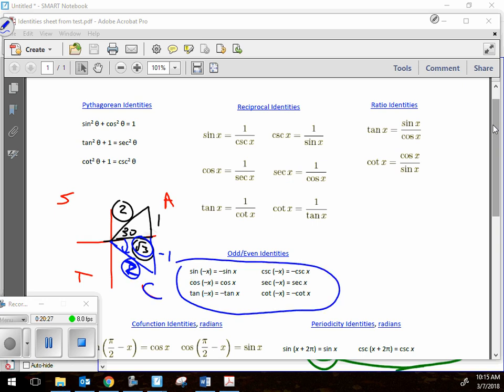And the reason they're called odd and even is that the functions that are odd will all be one way, and the functions that are even are the other way. And it boils down to this. Do you remember this rule? Do you remember that being the odd rule?